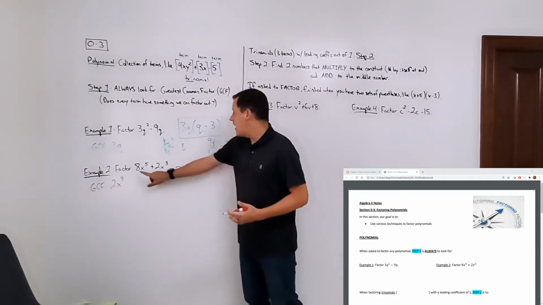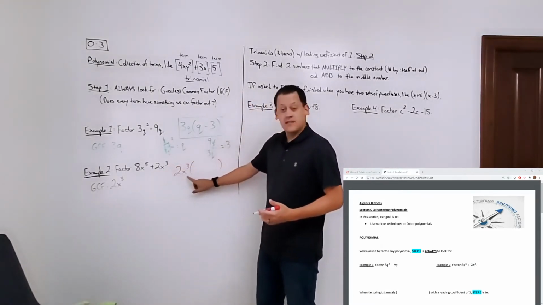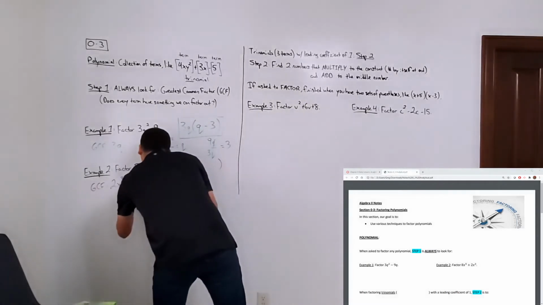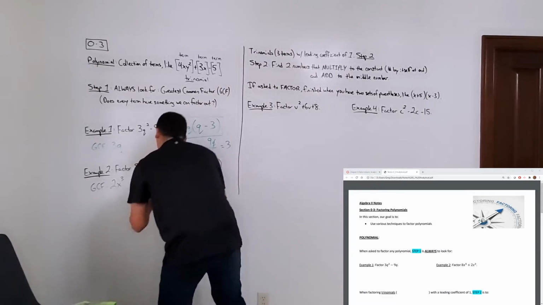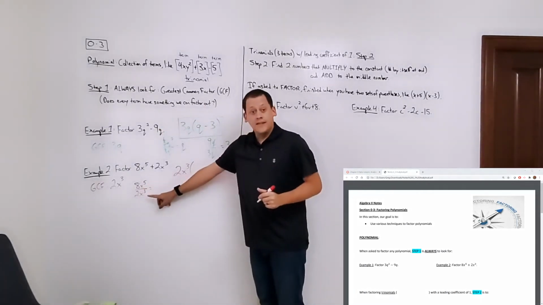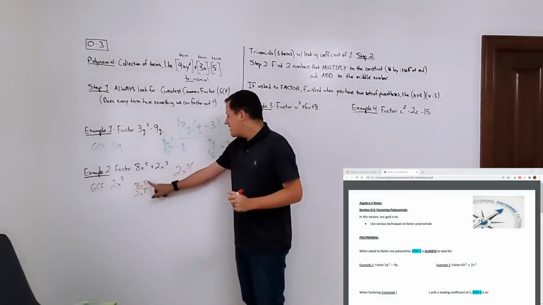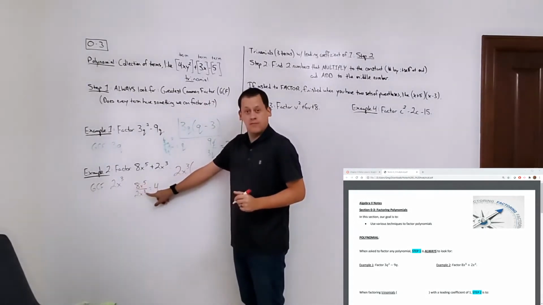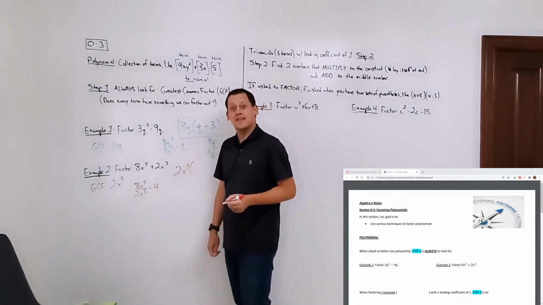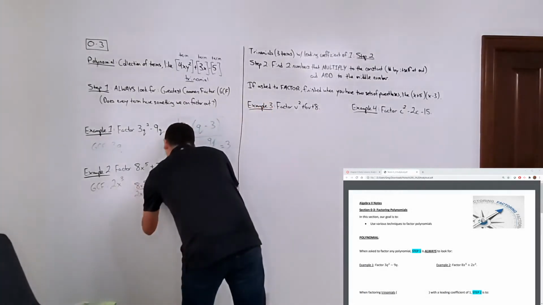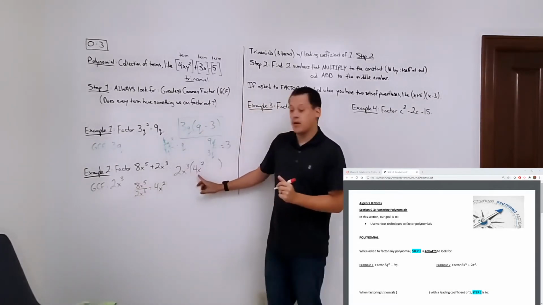And again, to do that, we take the first term here, 8x to the 5th, divided by our GCF. Eight divided by 2 is 4. X to the 5th divided by x to the 3rd. We subtract these exponents. 5 minus 3 gives us x to the 2nd power. So 4x squared goes there.